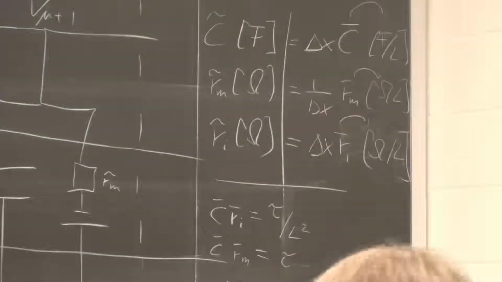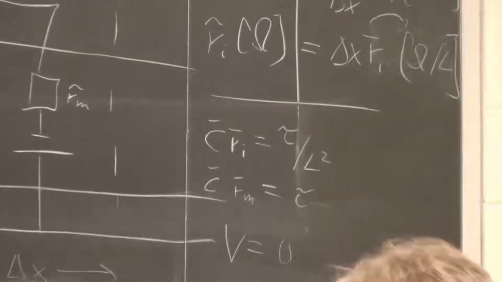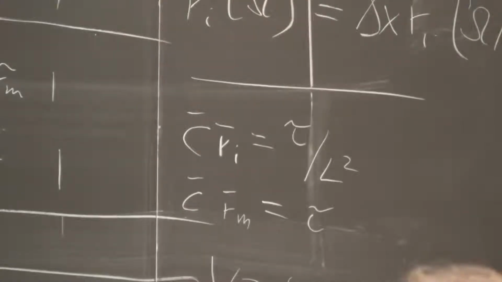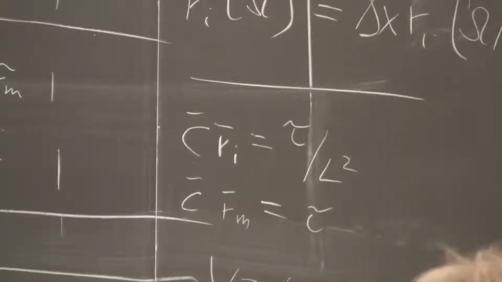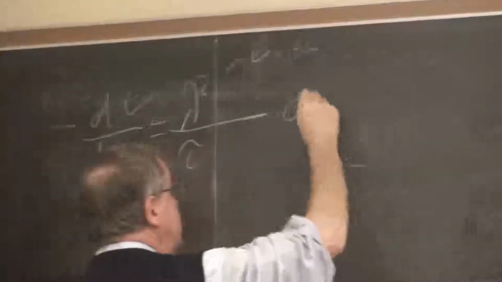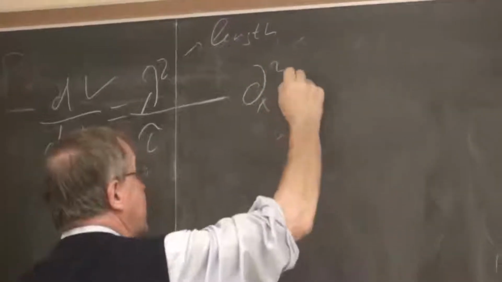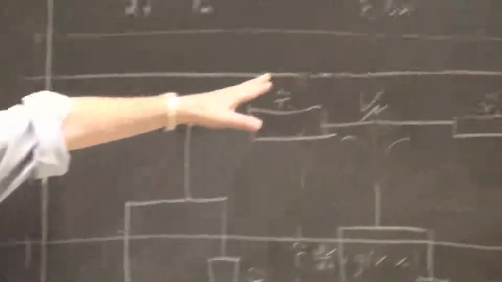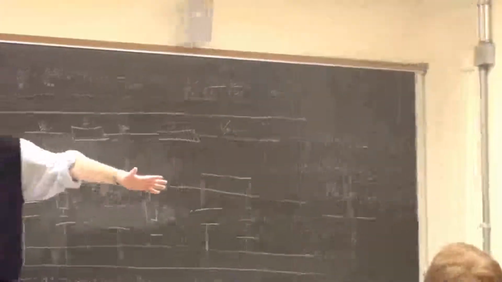And so what I'm getting is the equation dV/dt is equal to lambda squared divided by tau times the second derivative of V with respect to x, because delta divided by dx squared is what I'm getting for delta V. That is just my second derivative.